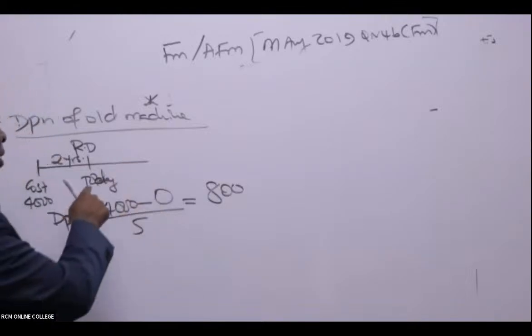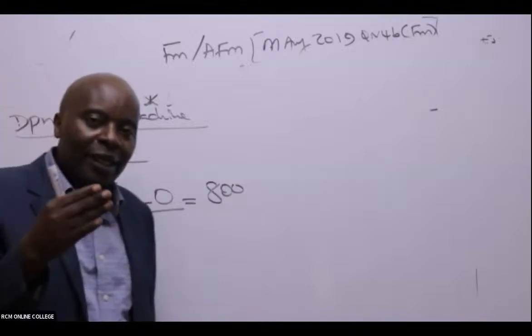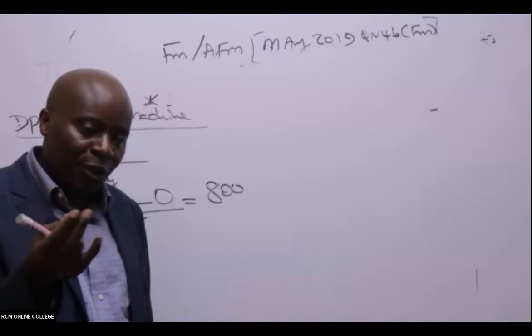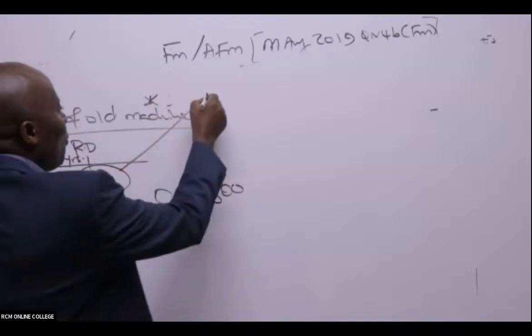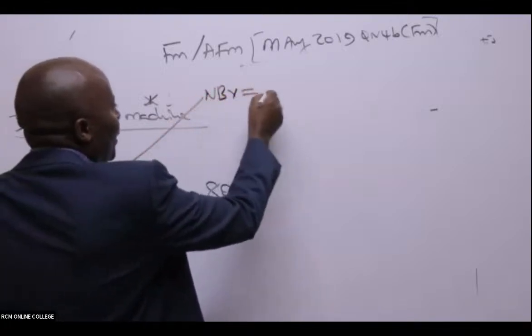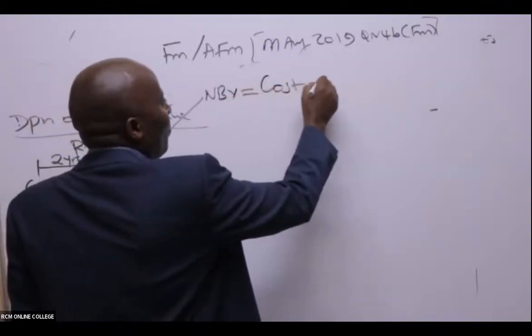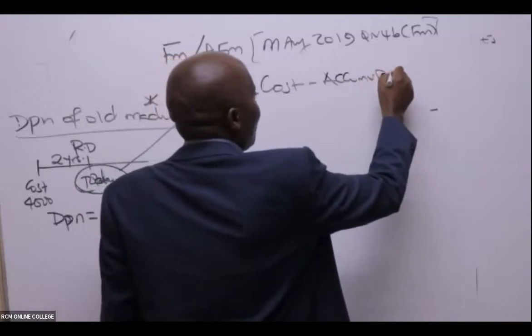And we are told that this machine was acquired 2 years ago. So as of today, it has lost value over 2 years. Is there somebody who can give me the net book value of this old machine? It will be the cost minus accumulated depreciation.